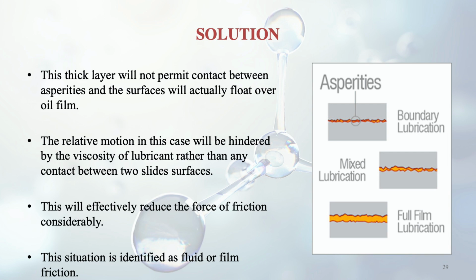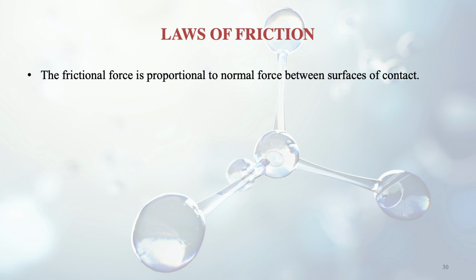So when we were discussing friction, let's know about the laws of friction also. Frictional force is said to be proportional to the normal force between the surfaces of contact. Suppose there are two surfaces in contact with each other. The force acting perpendicular to the surfaces is known as the normal force, and the frictional force is proportional to this normal force, meaning it is directly dependent.